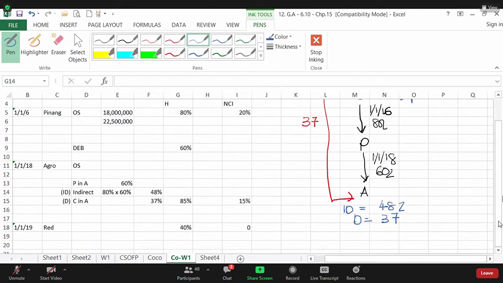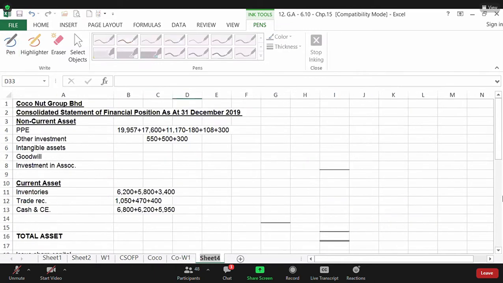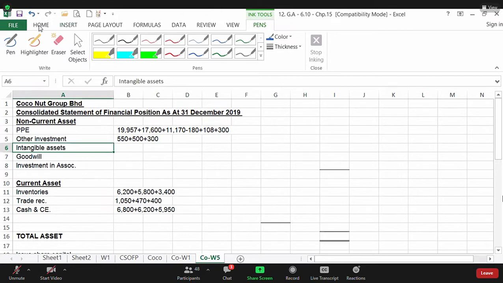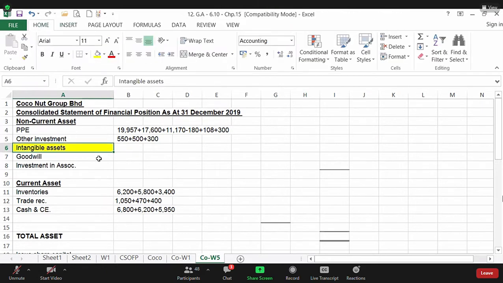So now you need to go to working file, copy everything, all the 3 column and put into your working, and then we need to have additional new account, intangible asset, not intangible asset, sorry. Investment in associate.